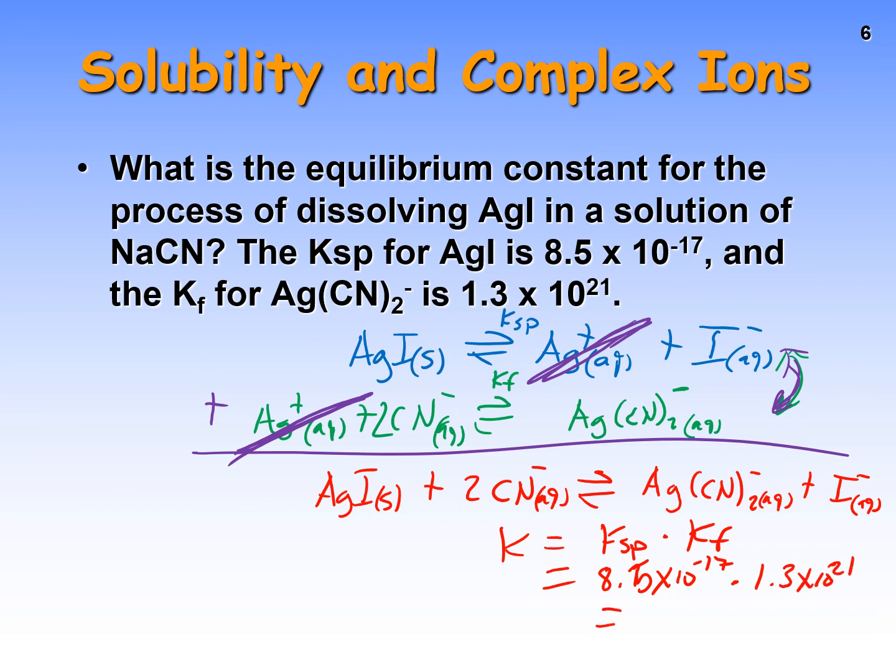This gives us a value of about 1.05 times 10^5 as my new equilibrium constant here.